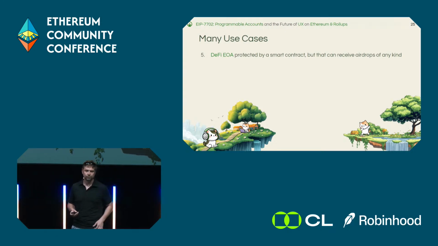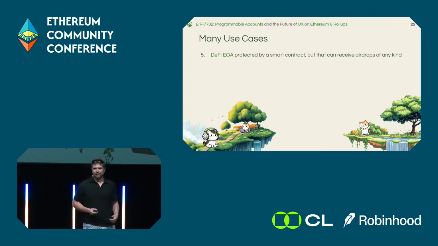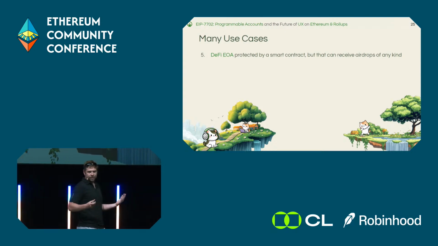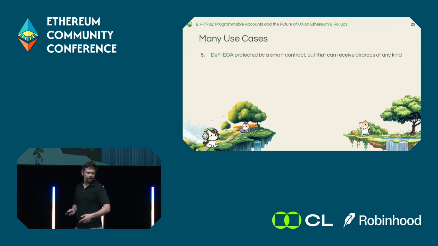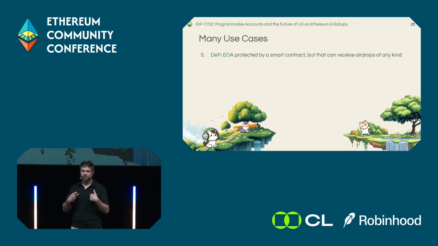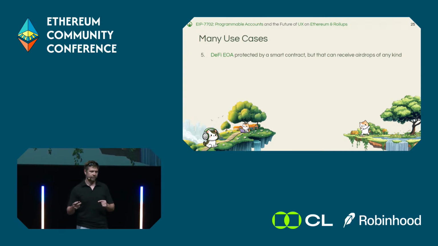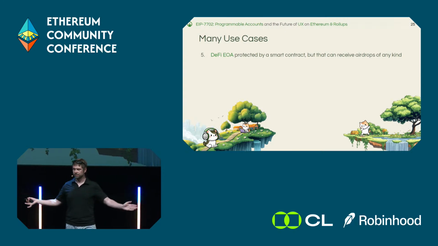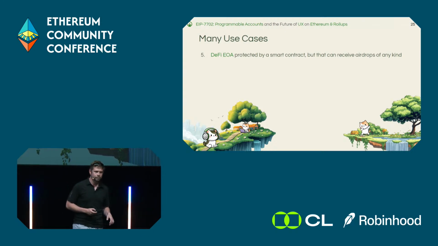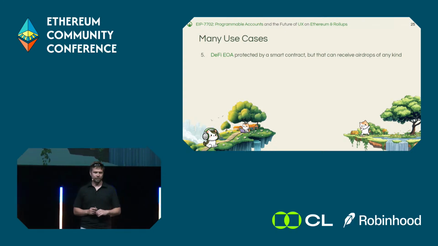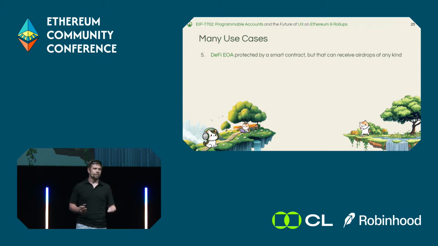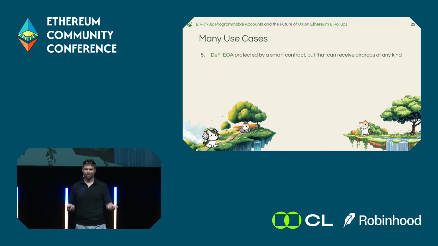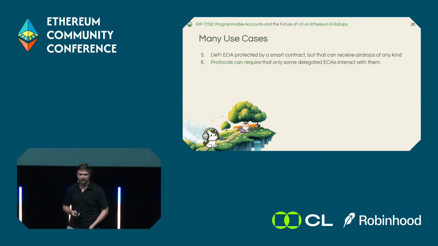Well, now I don't have to do that, because I can have my smart implementation for DeFi actions and delegate my externally owned account to the logic of that contract. I can be using the DeFi protocols in the way I want for as long as I want. And if in the future something lands in my wallet, I have the certainty that I will be able to work with it because I hold the private key to the wallet.